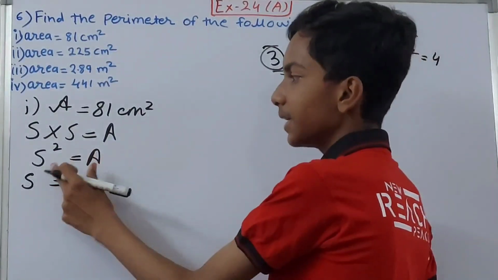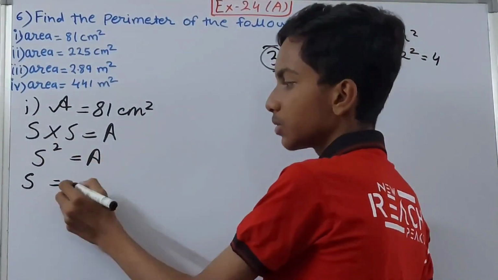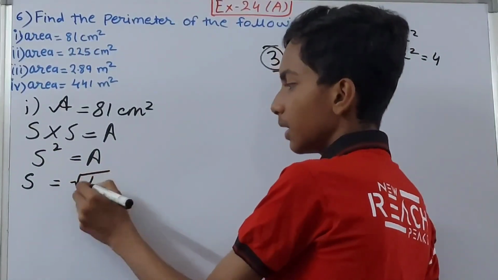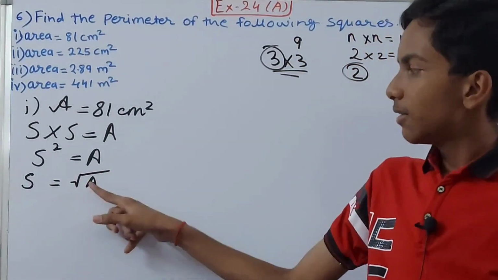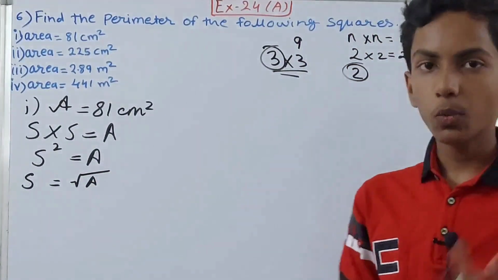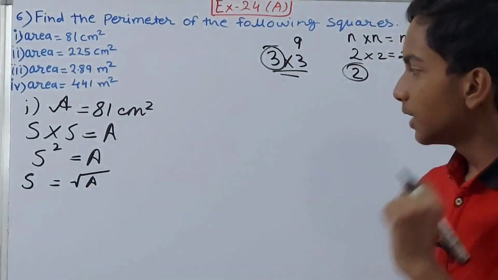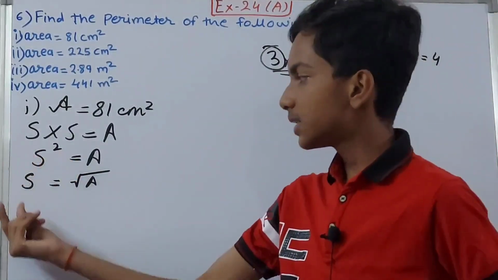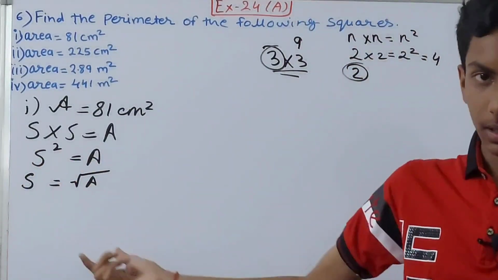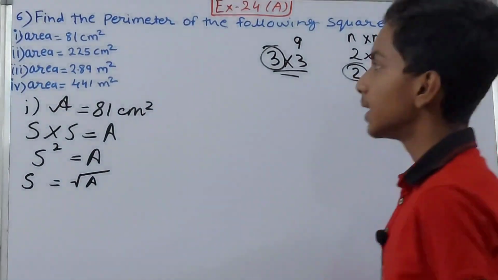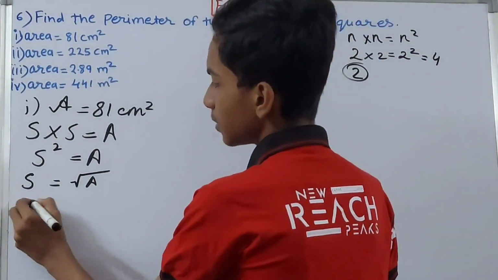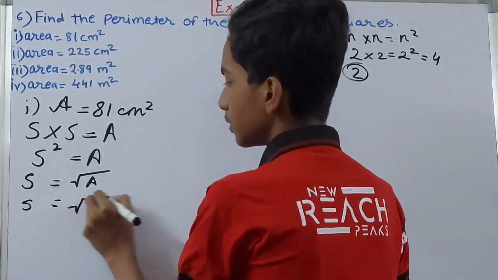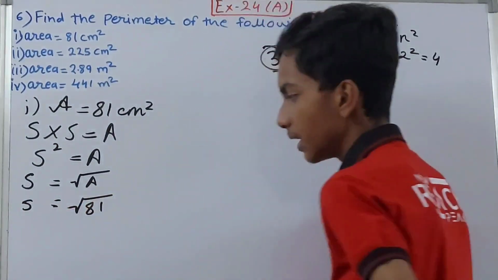And if it is side square, I'll move this square over here, so this will be under root A. This sign that I have made means we are finding the square root of the area. So if we have to find the side, we do the under root of A. Here the area is 81 square centimeters, so side equals under root 81.